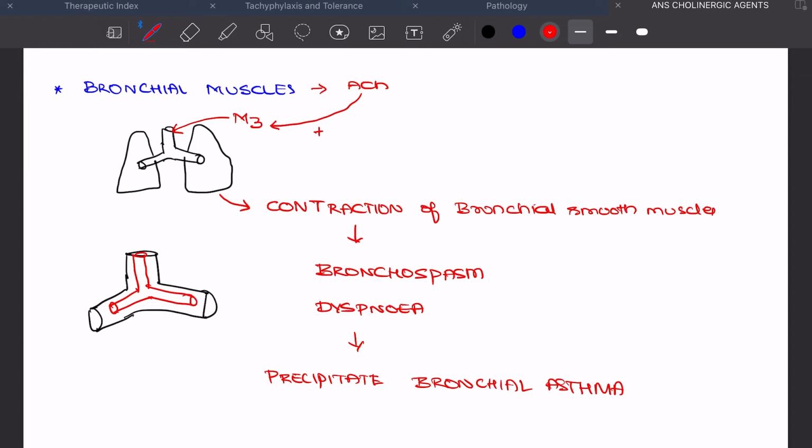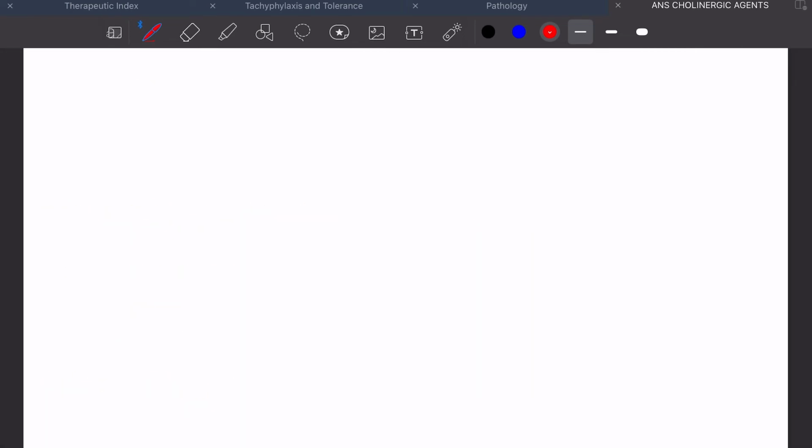To summarize, in the smooth muscles you need to remember the actions mediated by acetylcholine using the muscarinic receptor, in particular the M3 receptor. You have the GIT.